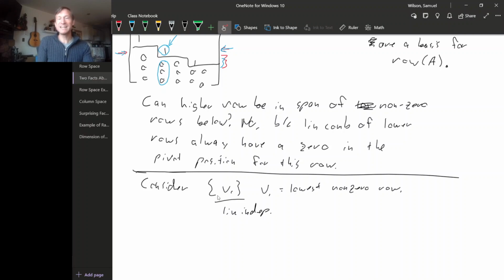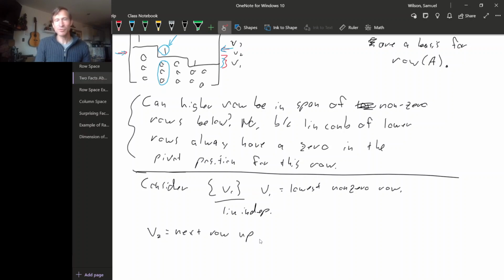If you have a single vector that isn't 0, it is definitely linearly independent, right? Okay. Now, this fact that we showed before: if we let V2 be the next row up, so I'm numbering my rows backwards so that V1 is the lowest non-zero row, and V2 is the next one up, and so on. So in my diagram, this would be V1, this would be V2, this would be V3.